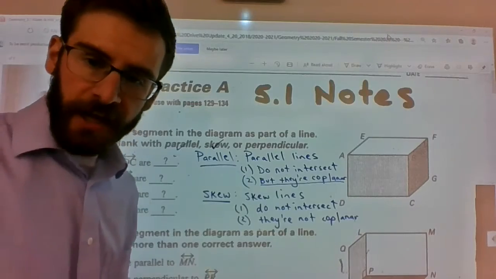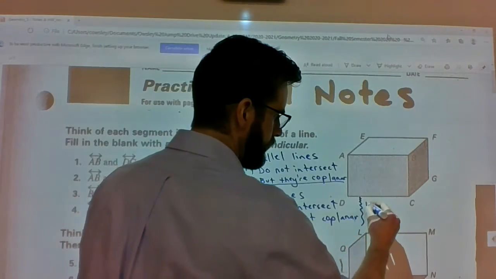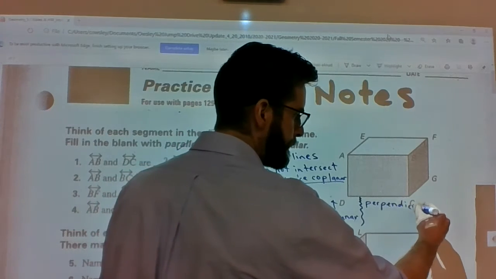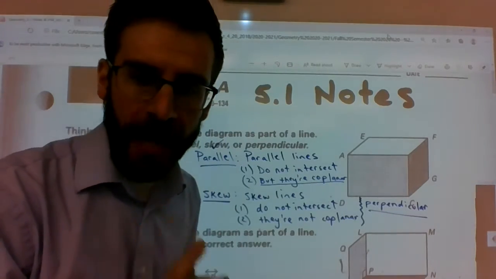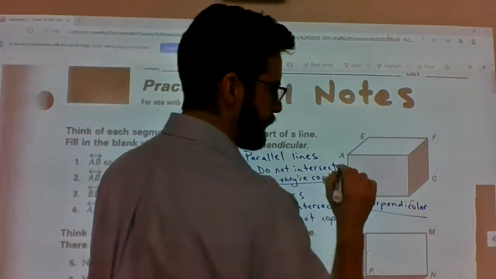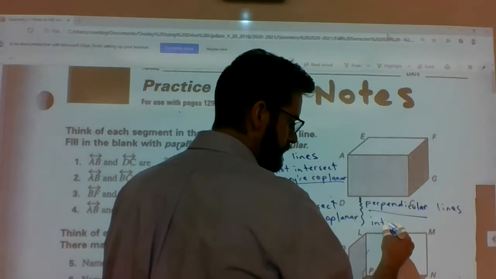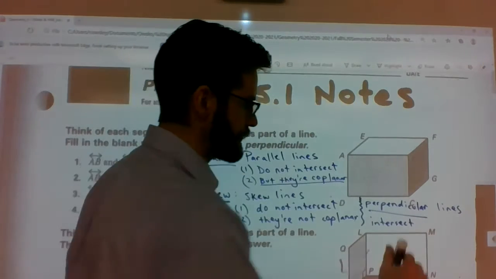What are perpendicular lines? This should be review. 2 lines are perpendicular if they intersect at right angles. Perpendicular lines intersect, and they must intersect at right angles.